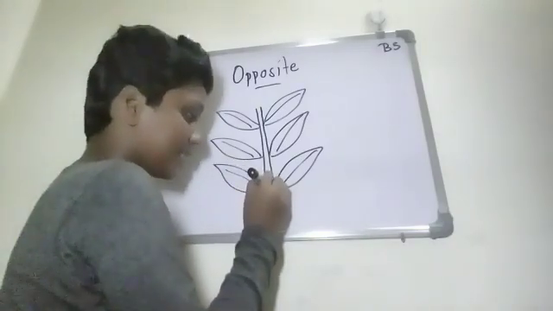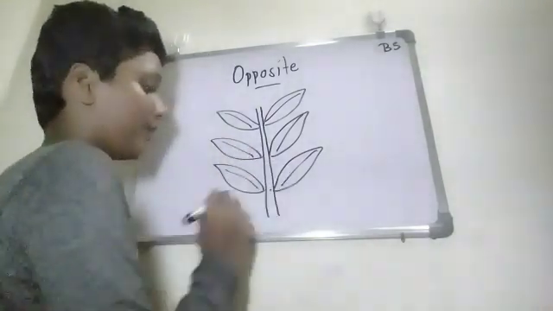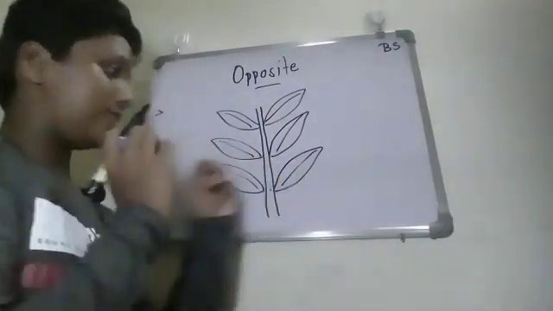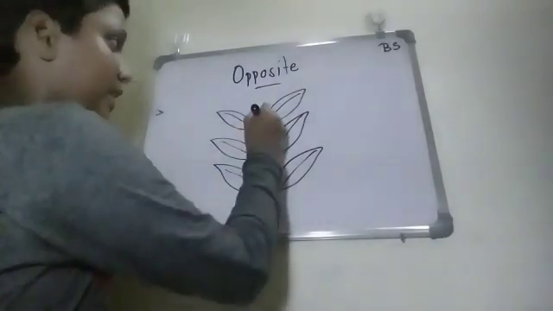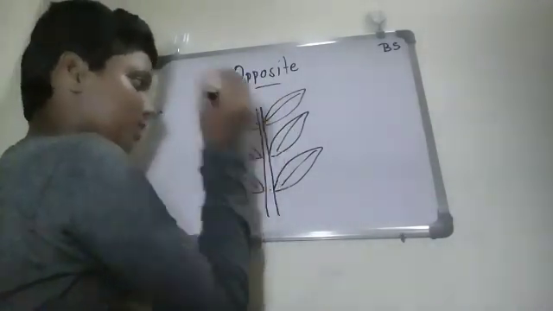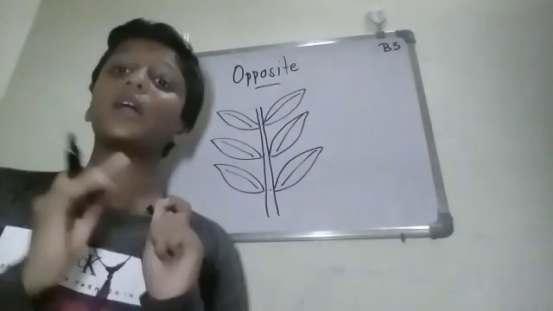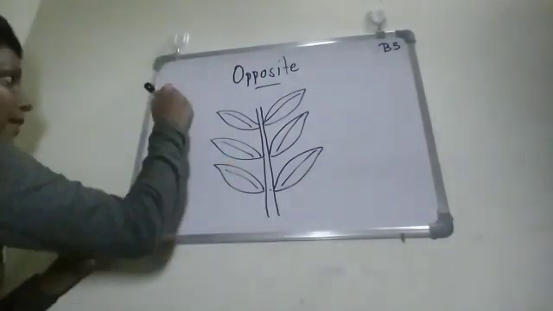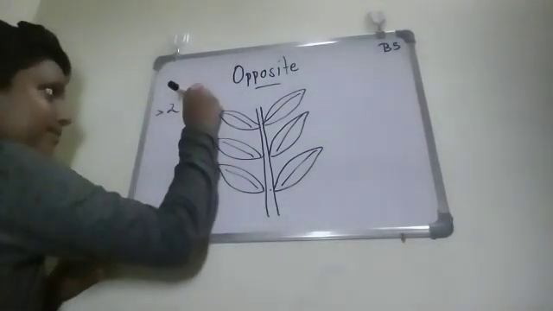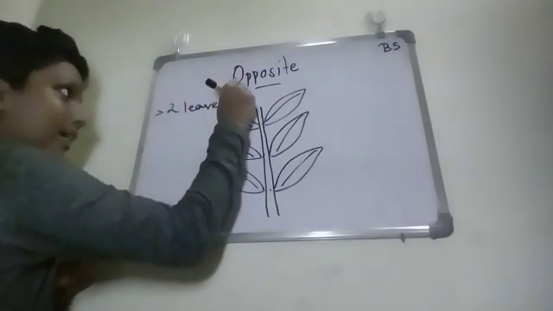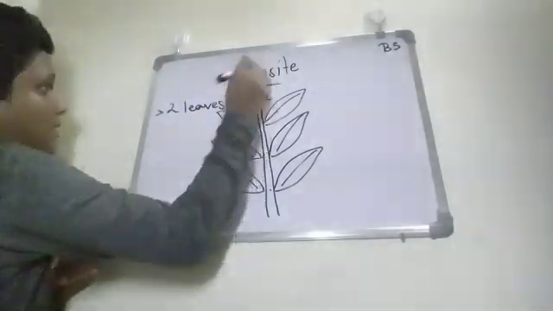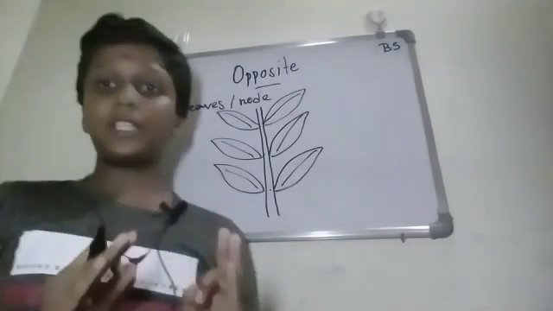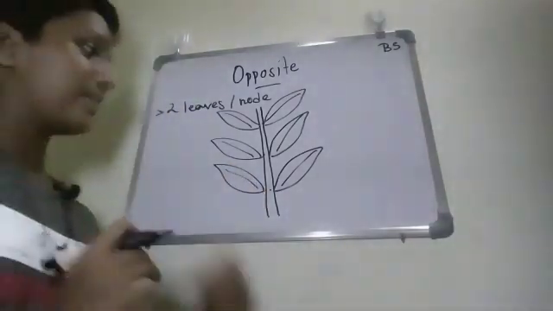Clearly you can say that in this node you have two leaves. You have two leaves in each node. Here also we have two leaves, here also two leaves. So in the opposite arrangement we have two leaves per node.